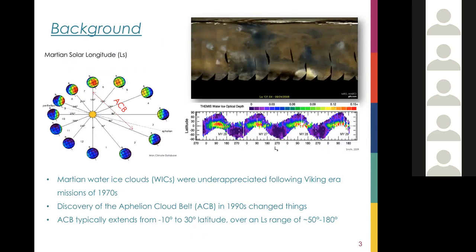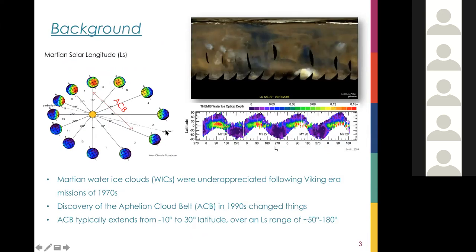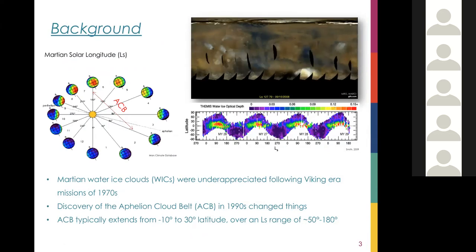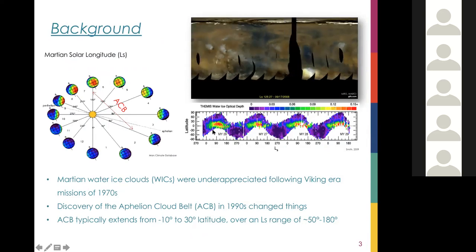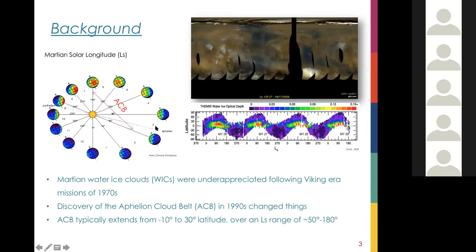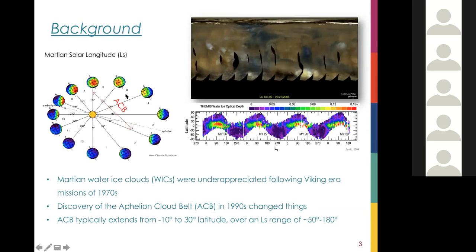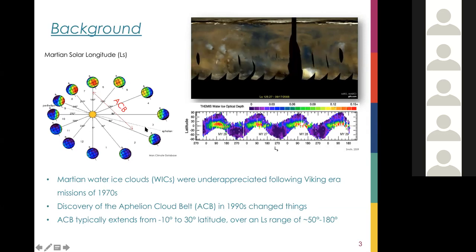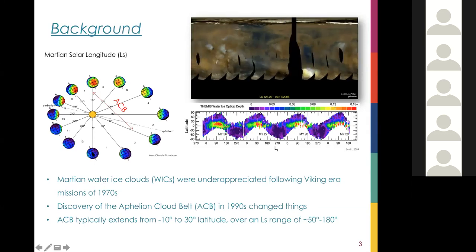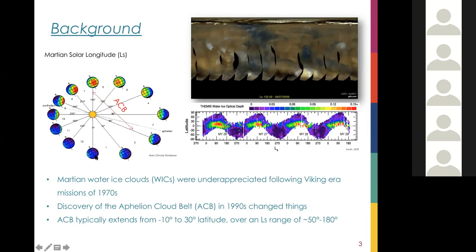When Mars is furthest away from the sun during aphelion, the atmosphere globally is colder and allows for clouds to condense more easily and freely, especially around the equator, between latitudes of -10 and +30 over the same kind of extension of solar longitude. And solar longitude is just a measure of the planet's position in orbit, with 0 degrees being the vernal equinox of the northern hemisphere.